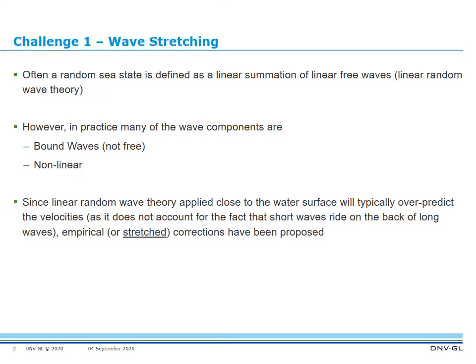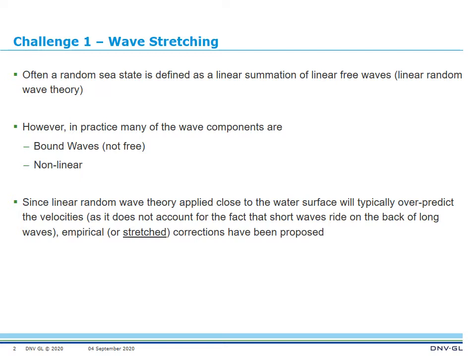And in doing so, we assume that all these waves are free, but we know in reality some of them are bound. So this means that some waves are riding on top of other waves. And the consequence of this is that when we try to derive wave kinematics, velocities and accelerations, especially close to the water surface, if we use this linear random wave theory, we can significantly overpredict these velocities and accelerations.